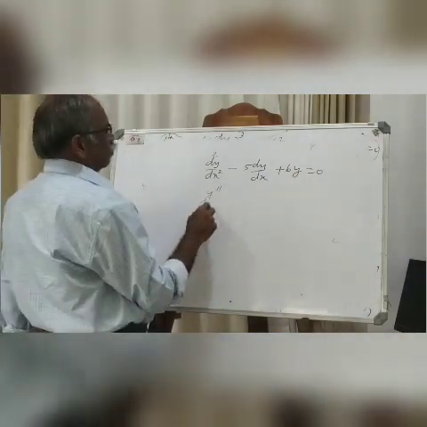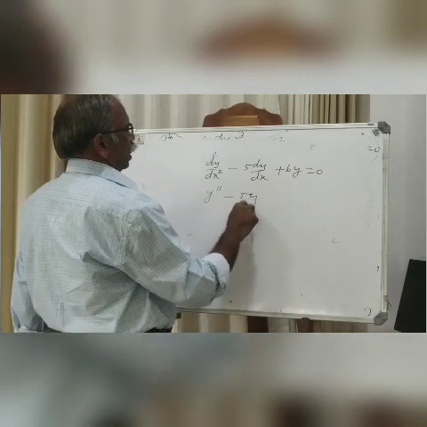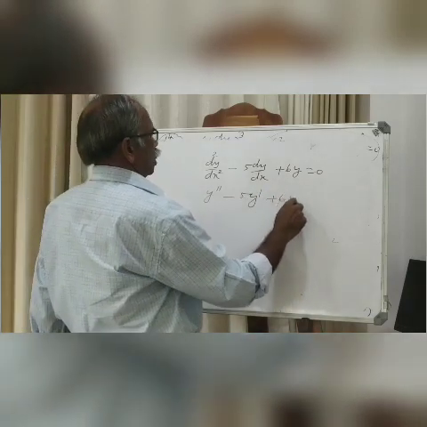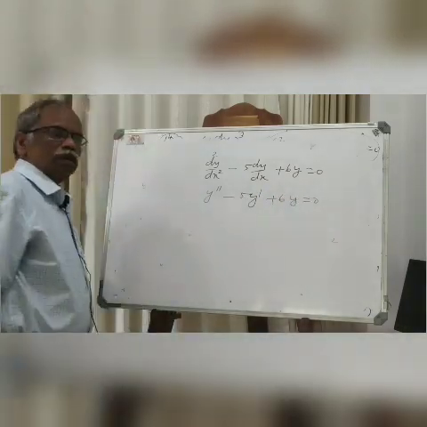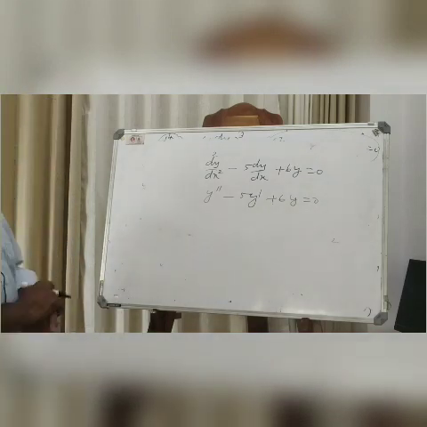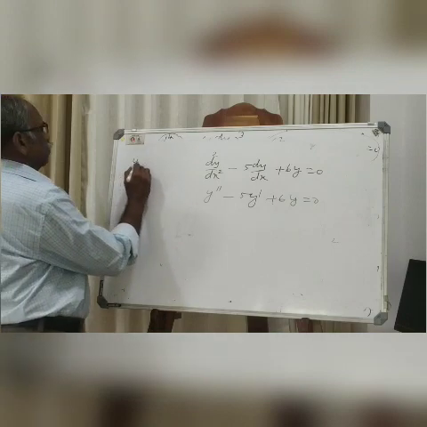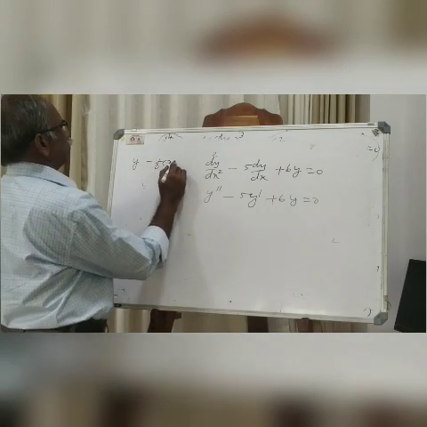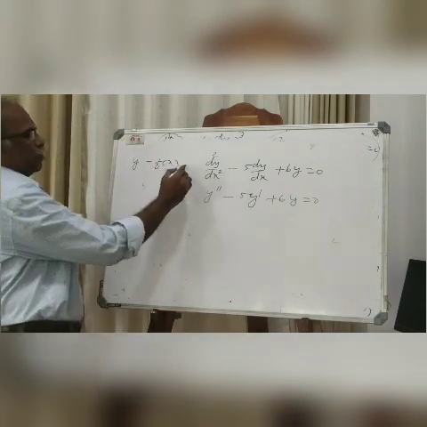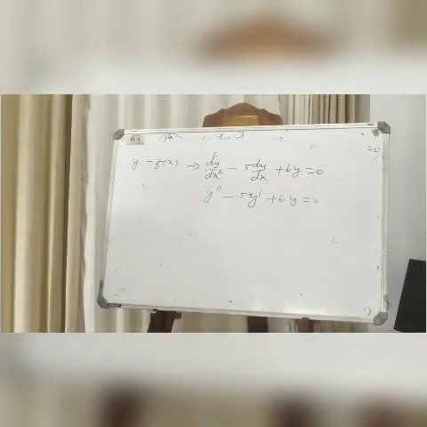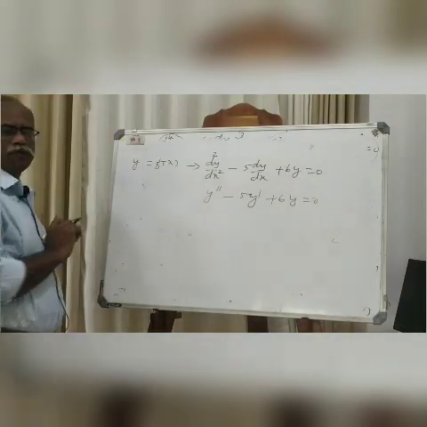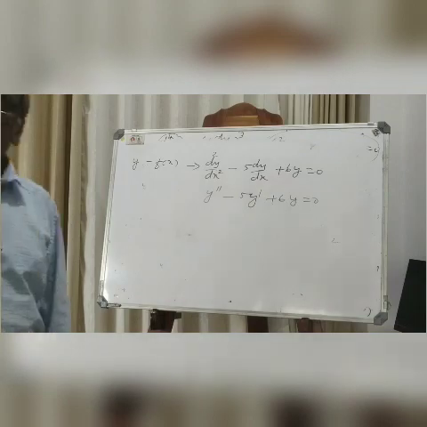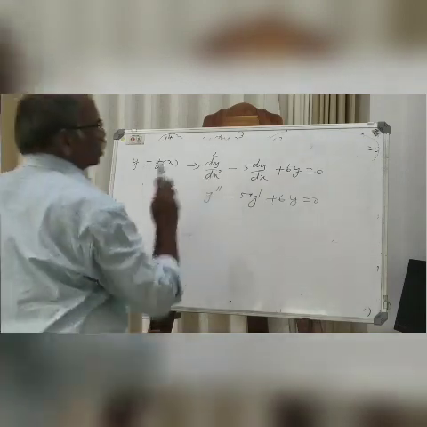This can be written in the form y2 dash minus 5y dash plus 6y equals 0. The solution of the differential equation is a function of the form y is equal to f of x, which satisfies this differential equation.